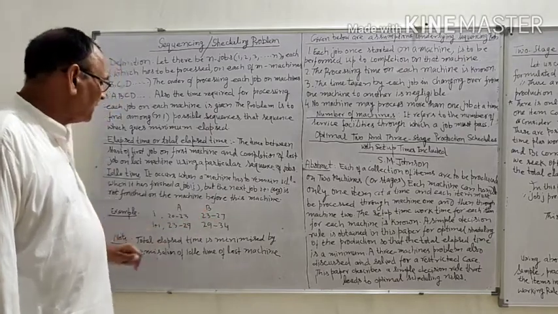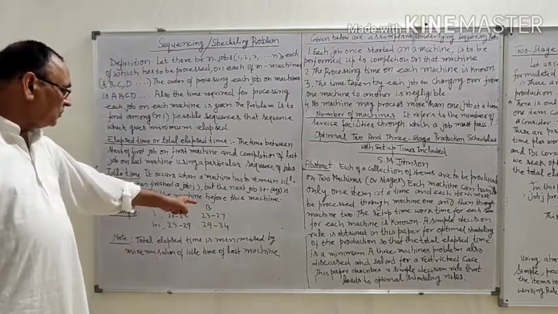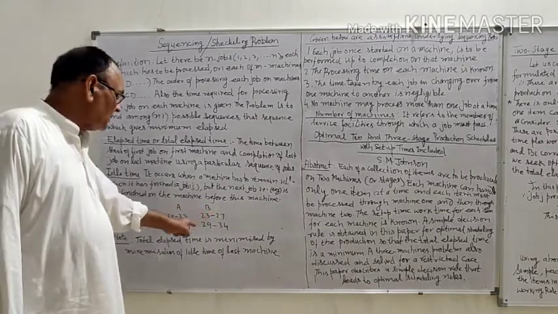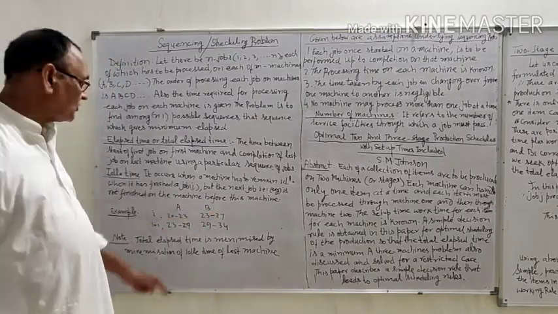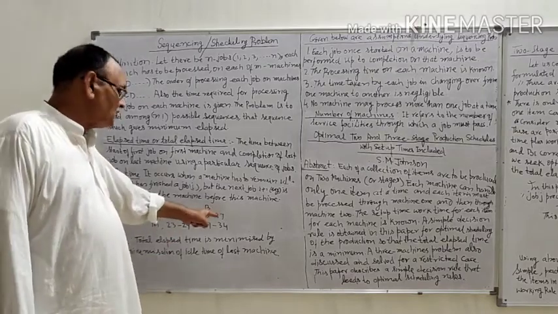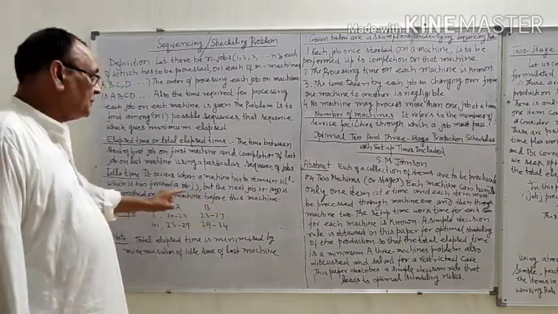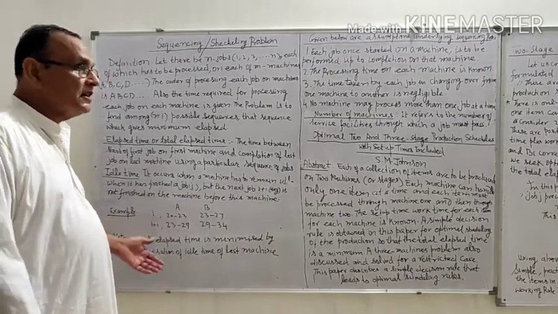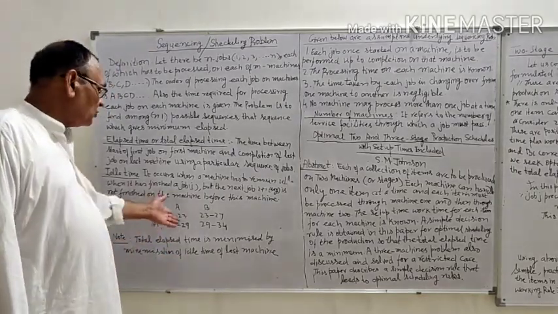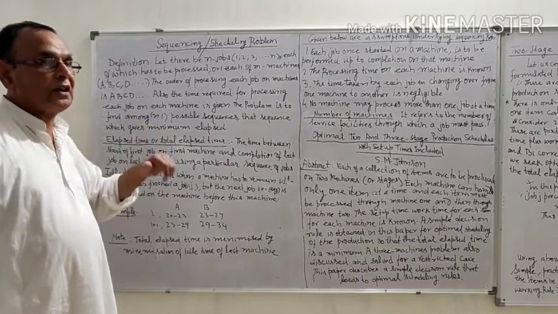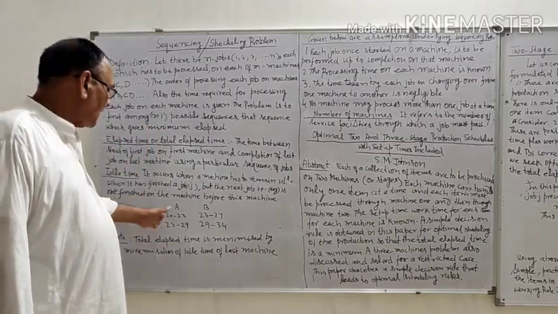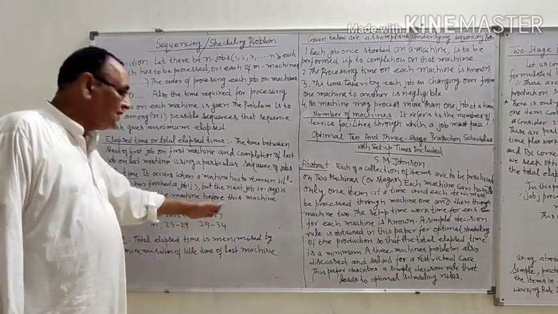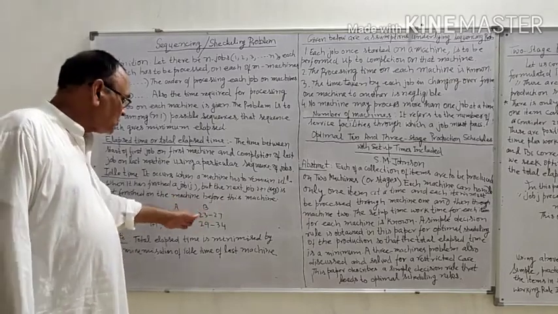So machine B has idle hours from 27 to 29, because it finishes job i at 27 but job i+1 is busy on machine A up to 29. So machine B takes job i+1 at 29 after remaining idle from 27 to 29.